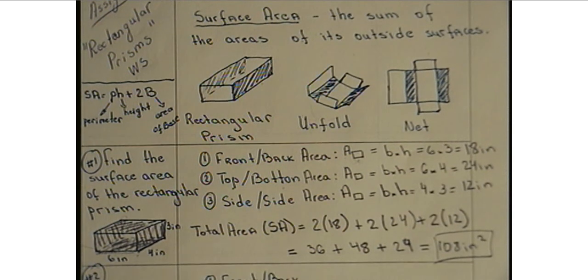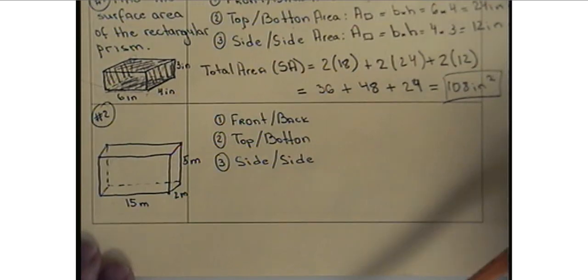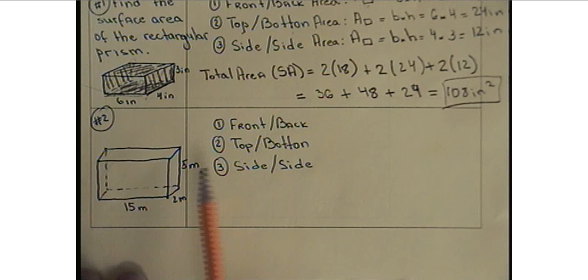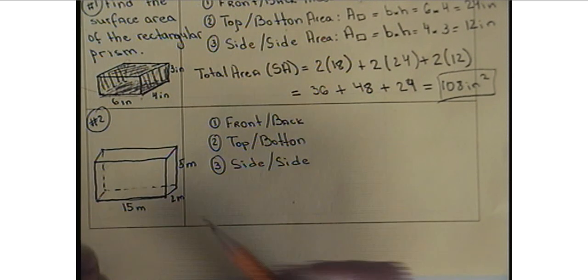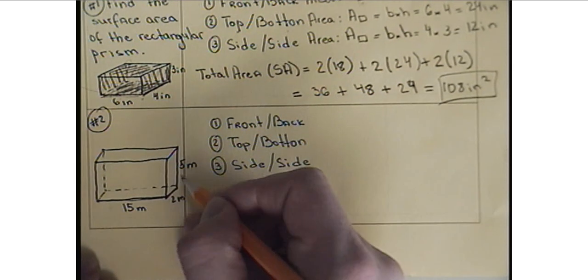Alright, so we're going to follow all those steps again to calculate the next one. The next one will have different dimensions, but we're going to use the exact same steps. So look at this prism. We are given that this side of the shape is 15 meters, this one is 2 meters, and this one is 5 meters.